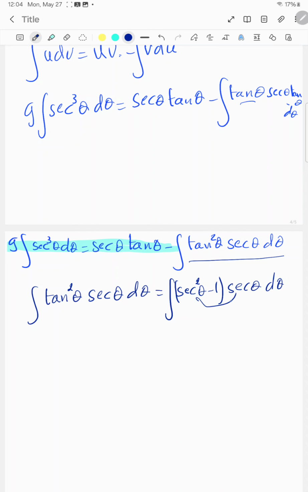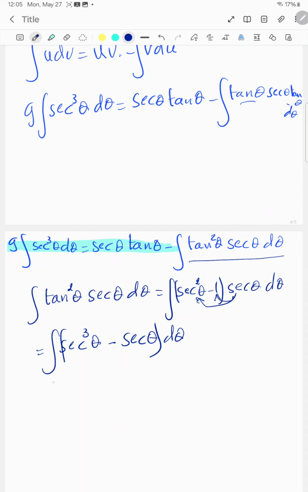And here I want to develop this. So it is equal to the integral of sec to the power of 3 theta minus sec theta d theta, and that's very easy.